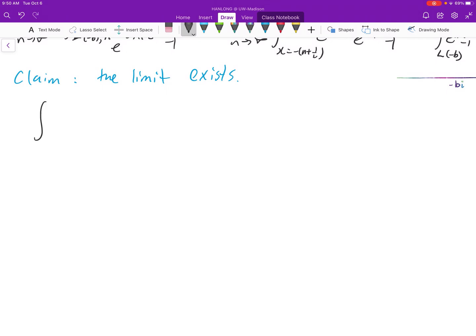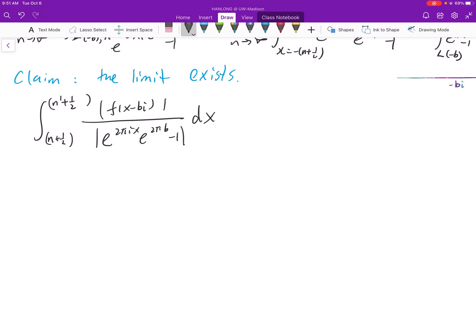If you take m plus 1/2 to m prime plus 1/2, the integral of f(x) times the norm of e^{-2πi x}... divided by e^{2πb} minus 1 dx will be less than or equal to the integral from m plus 1/2 to m prime plus 1/2 of dx over 1 plus x squared, times 1 over e^{2πb} minus 1.